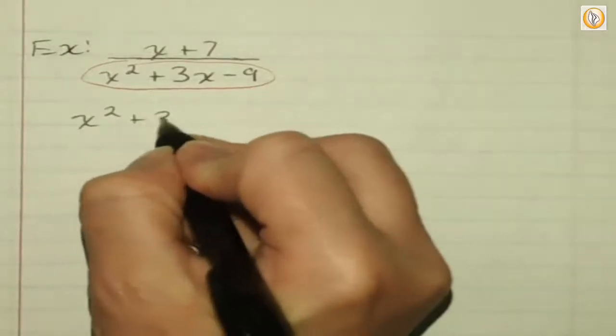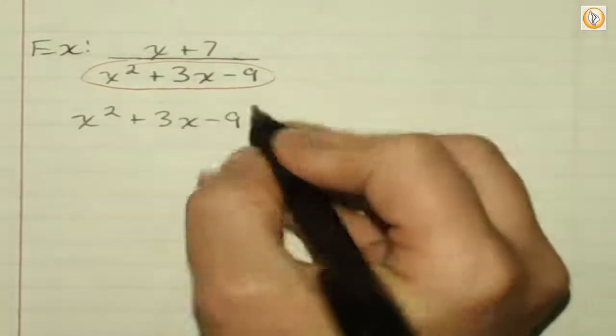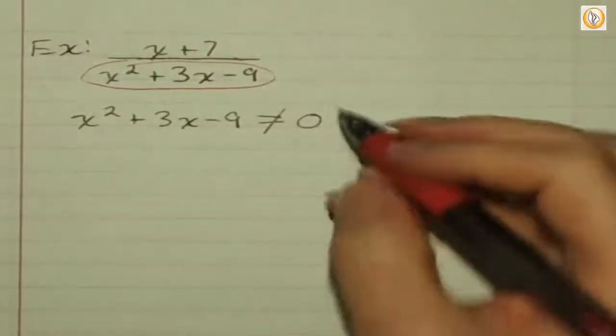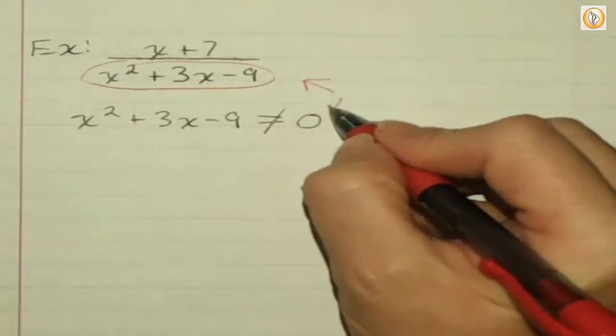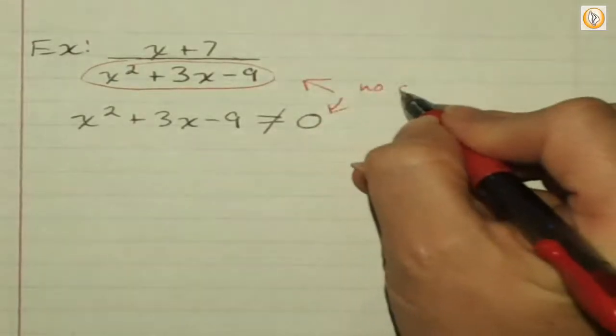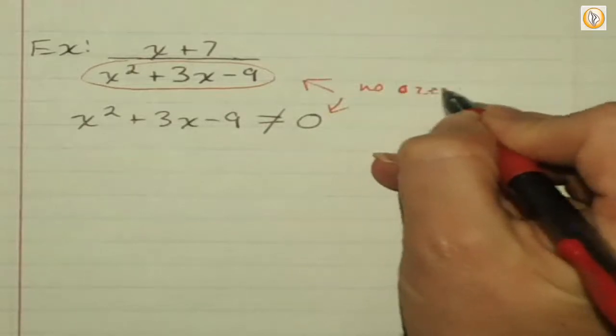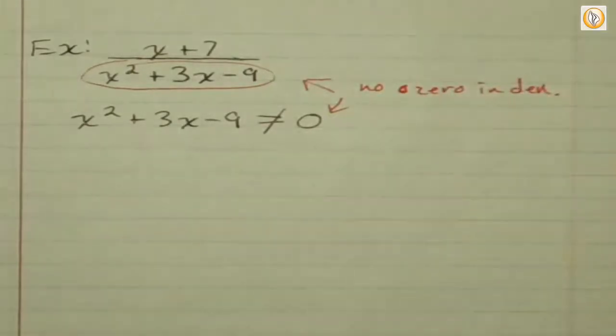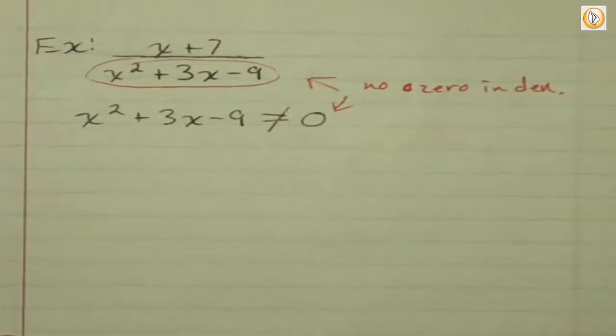x squared plus 3x minus 9 does not equal 0, because no zero in the denominator. And we're looking for the excluded values.